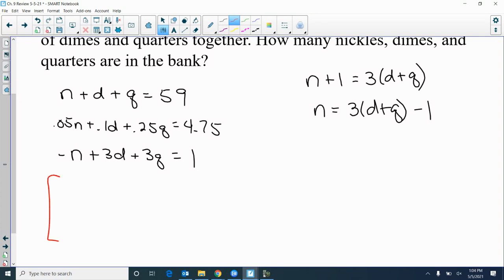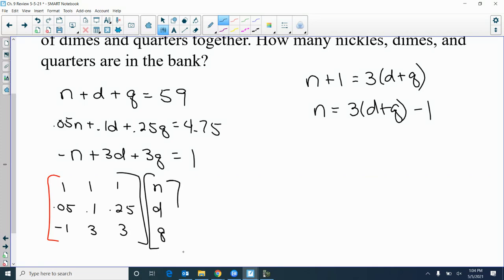And then I'm going to use my coefficients 1, 1, and 1, 0.05, 0.1, 0.25, negative 1, 3, 3, n times d times q equals 59, 475, 1. All right, so enter that. You should get whole numbers. If you don't get whole numbers, something's wrong.